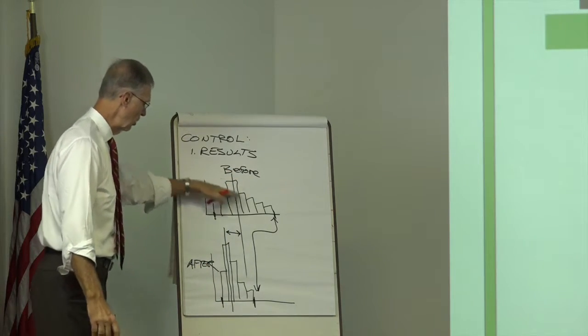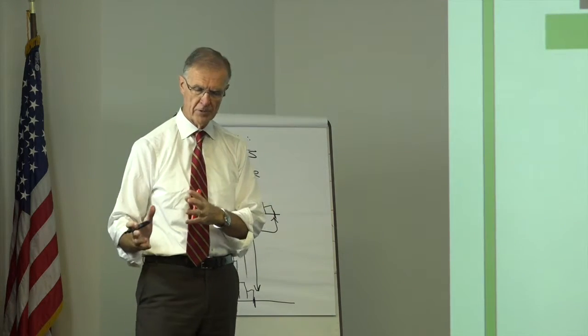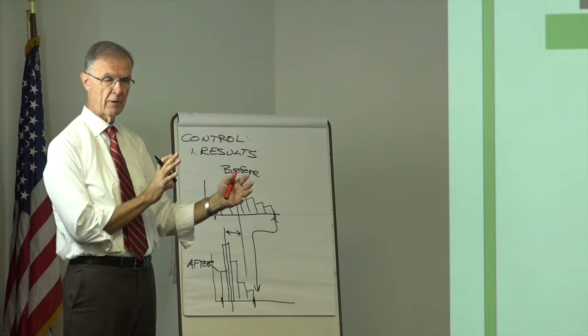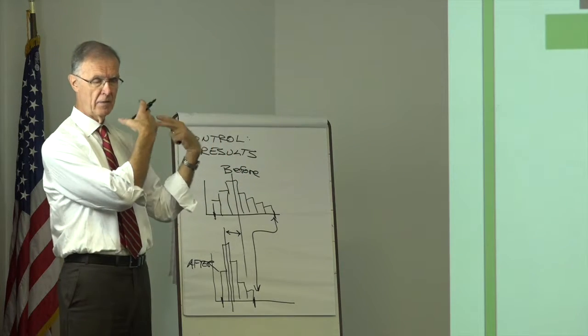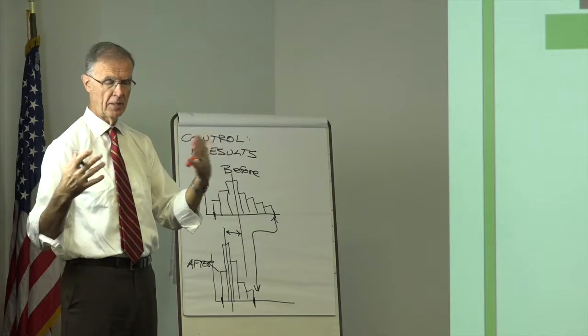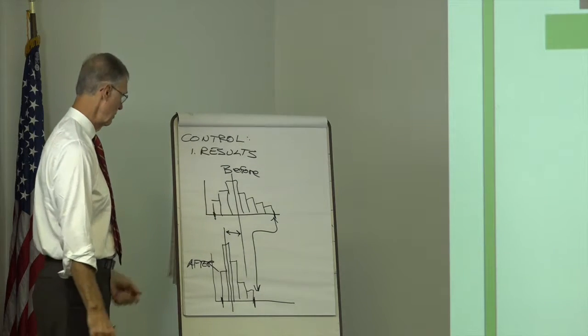Okay, so we're going to show results before and after Pareto, before and after histogram, and then finally before and after on that line graph that we showed back in the define step. Because that's the one that your leaders are most in tune with and paying attention to.